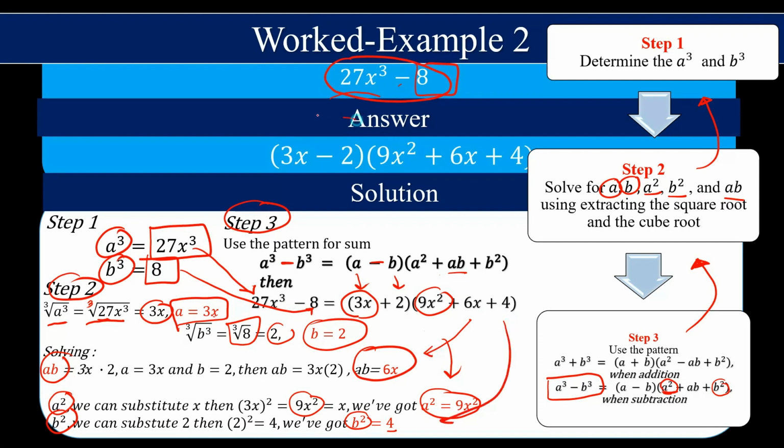That's why our answer is 3x minus 2 times 9x squared plus 6x plus 4.